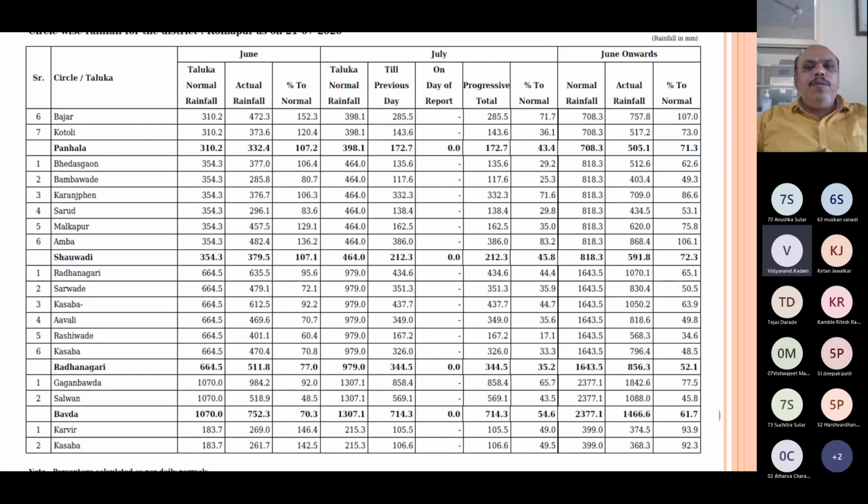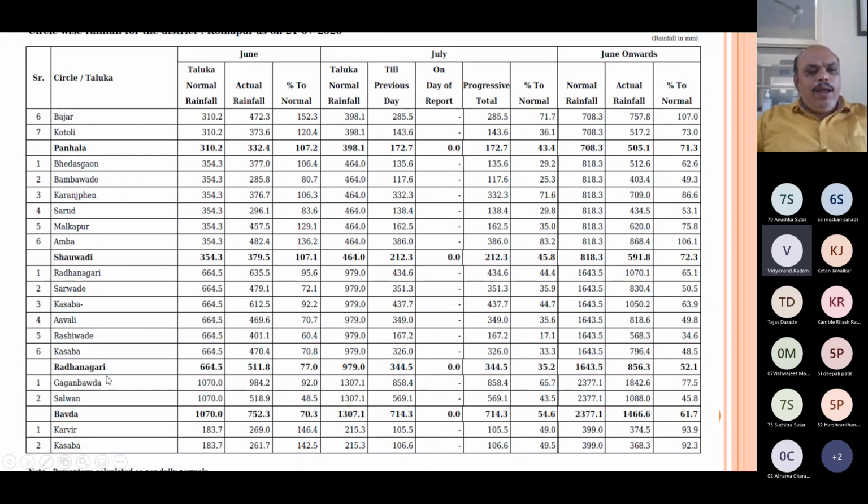Okay, this is one more chart that shows taluka normal rainfall values for the month of June, the month of July, and total values for various circles. Here we can see the Shavwadi circle. In Shavwadi circle, these are the rain gauge stations: Bredesgaon, Bambode, Karan Spain, Sarud, Malkapur, Amba.